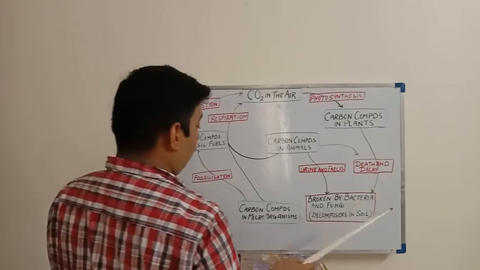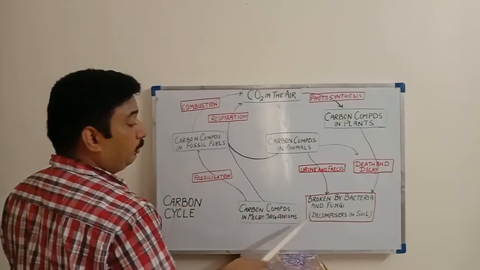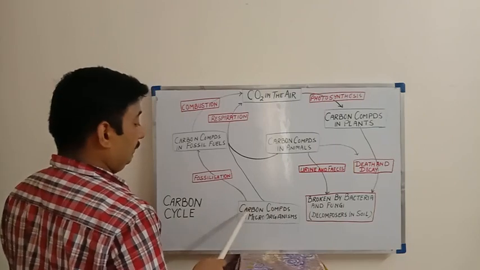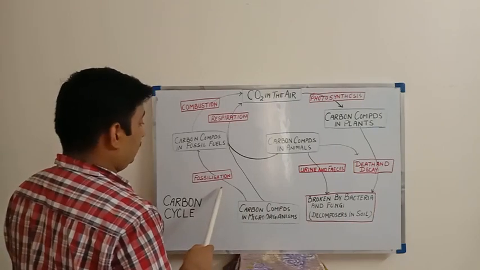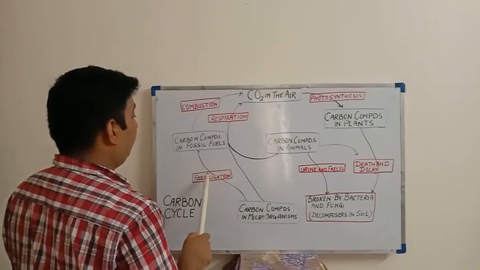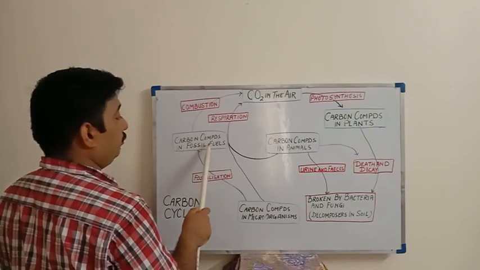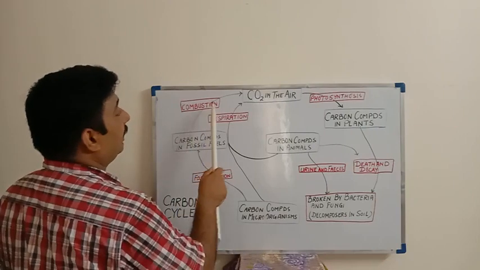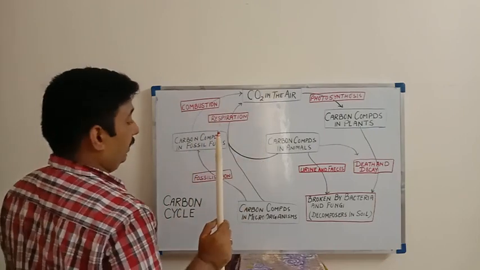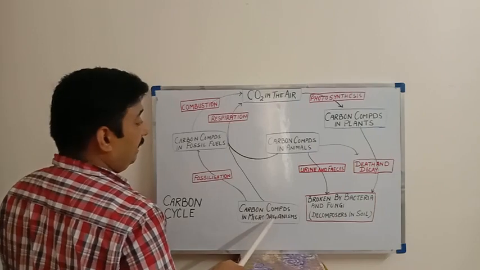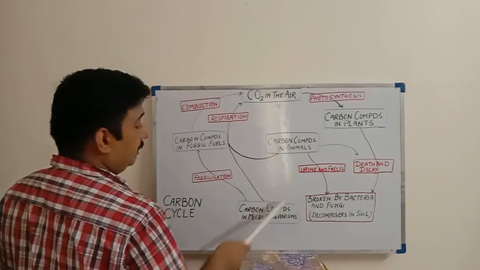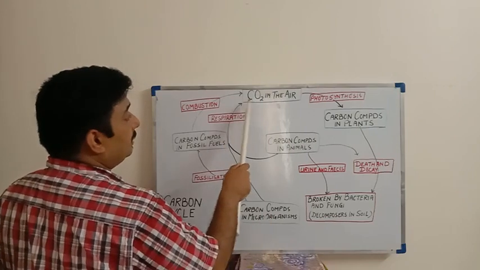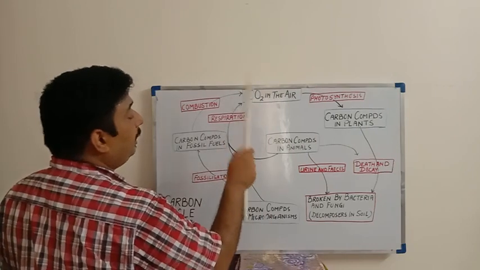The carbon dioxide will enter the microorganisms, that is bacteria and fungi, upon their decomposition, or sometimes it will be due to fossilization. The carbon dioxide will be released when fossil fuels are burned. Carbon compounds in fossil fuels return to the atmosphere through combustion, or by the respiratory activity of the plants, animals, and microorganisms, again moving into the atmosphere as carbon dioxide.